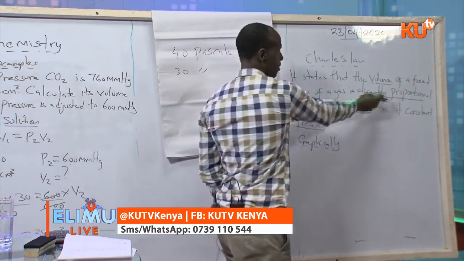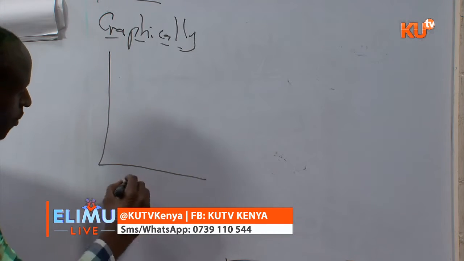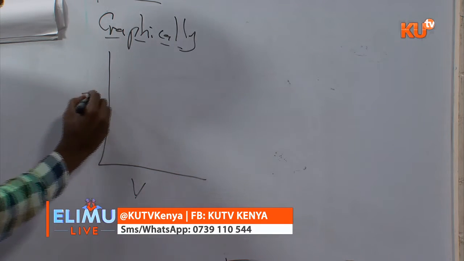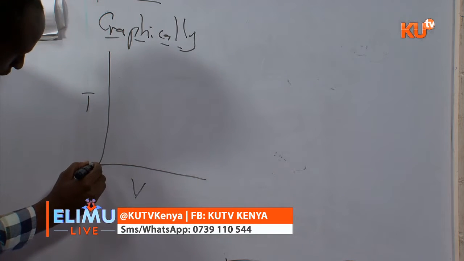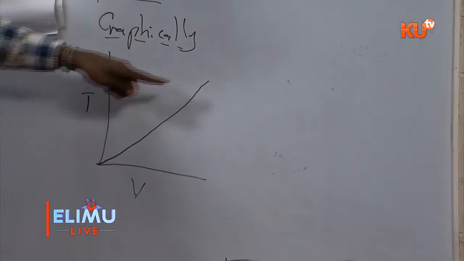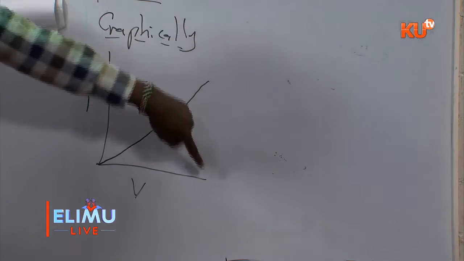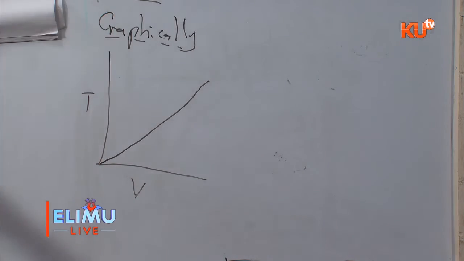Here you are drawing temperature against volume. What kind of graph will it give you? It will give you a straight line, because both are increasing. If temperature is high, volume is high. If temperature is low, volume is low.